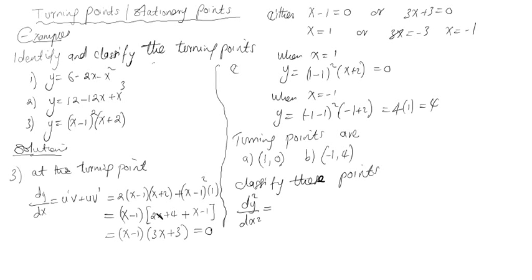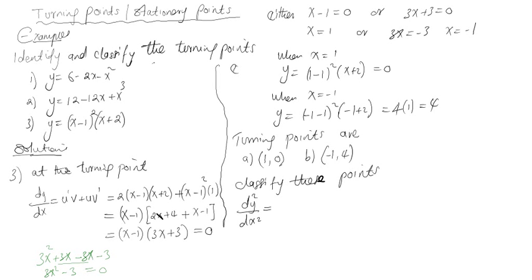We can open the first derivative to become 3x squared plus 3x minus 3x minus 3, which gives you 3x squared minus 3, because the middle terms give you 0.